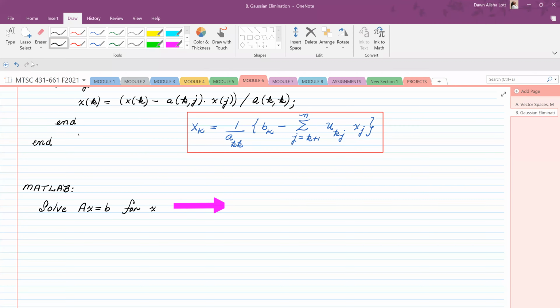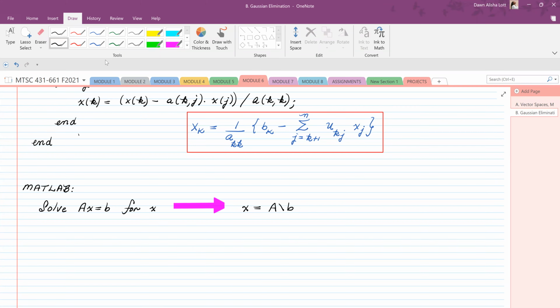You would put everything in A, so you would make sure you have the matrix A and B defined, right? And so then you just do X is equal to A inverse B, and it just does it for you.